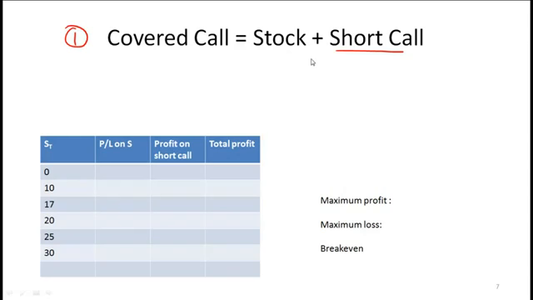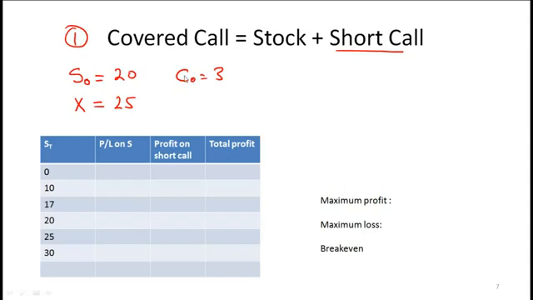Again, we will understand this through a simple example. Let's say that you buy a stock when the price is 20, and you also write a call option on the stock with a strike price of 25, and when you write the option, C0 is 3, which means that you have sold the call option for $3.